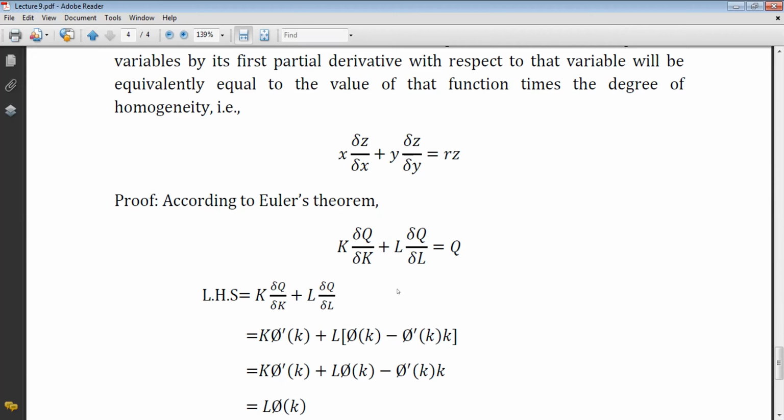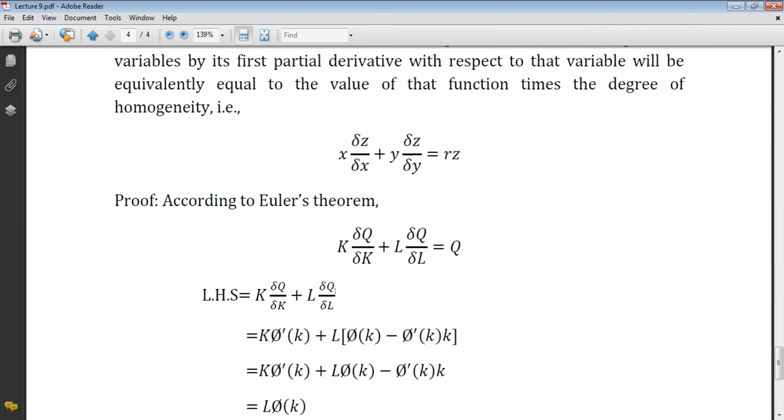Clear? Is this one clear or not? Yes, ma'am, it's clear. Okay, thank you. Then we have to prove that the linearly homogeneous production function satisfies Euler's theorem.